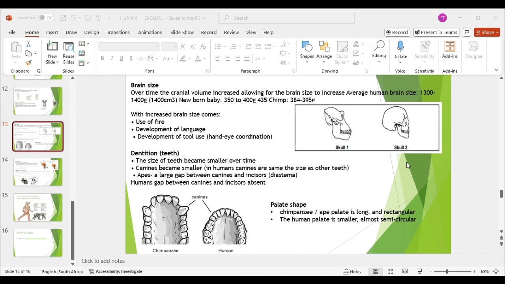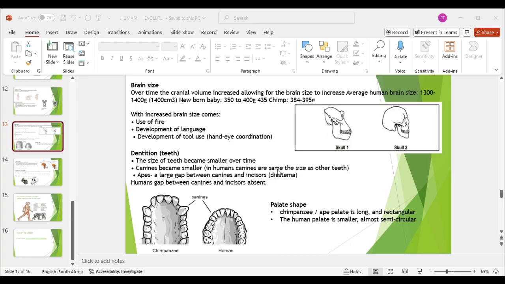And chimpanzees range from 384 to 395. So it means there is an increase in volume in our brain size. Over time, the cranial volume increases to allow the brain size to also increase.